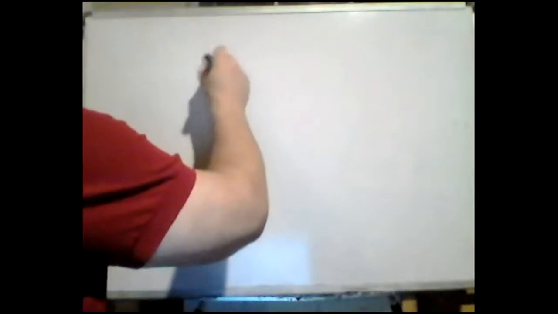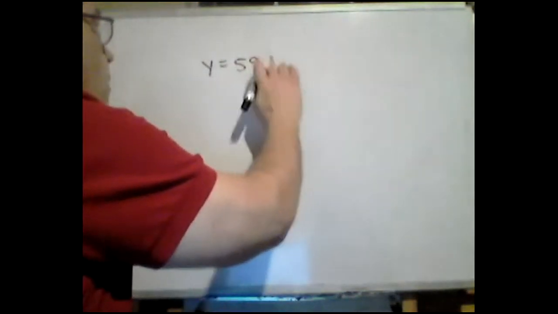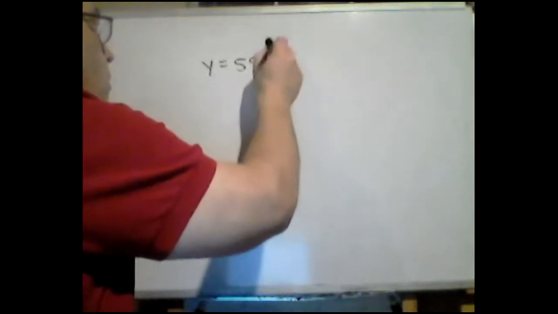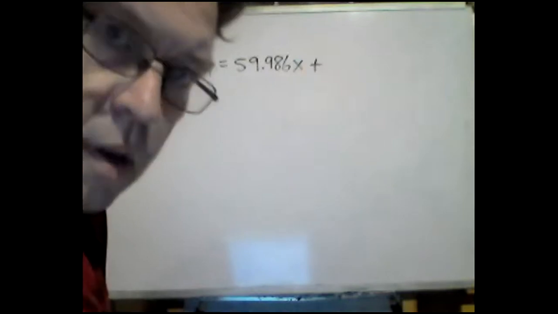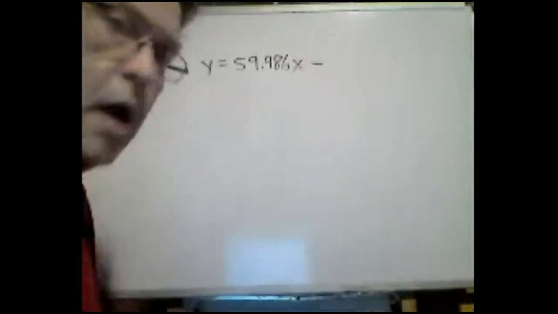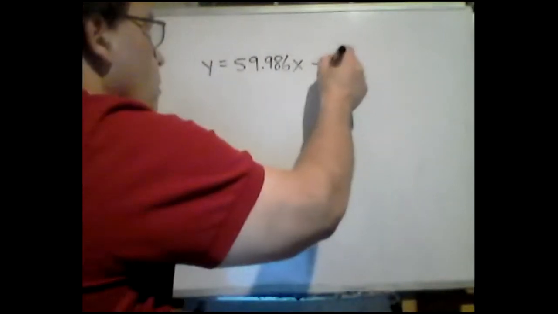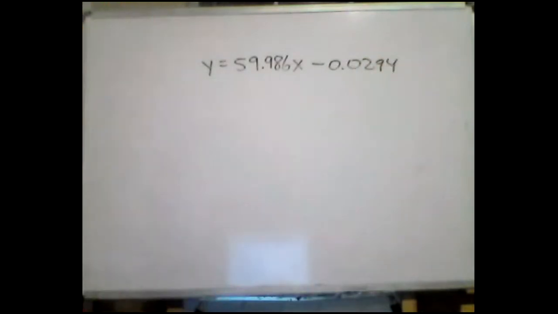Well, your trend line says that y is equal to, in my case, 59.986 x plus or minus, I guess, 0.0294. That's what that says.